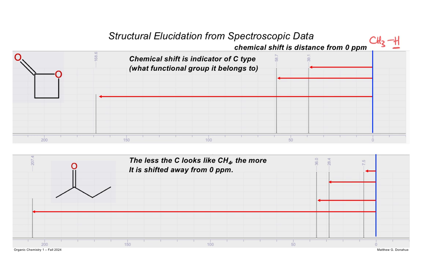So we already said, based on the shift difference, that blue one was this signal here. So starting from 0, the first signal we see is at 39.1.